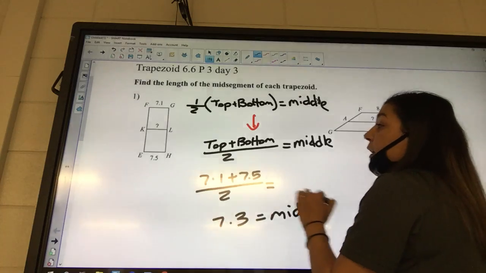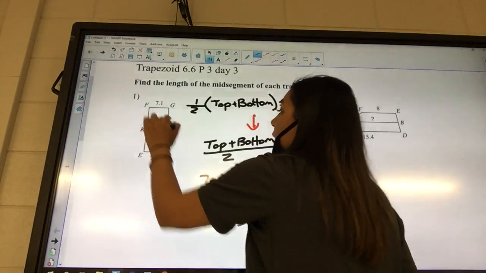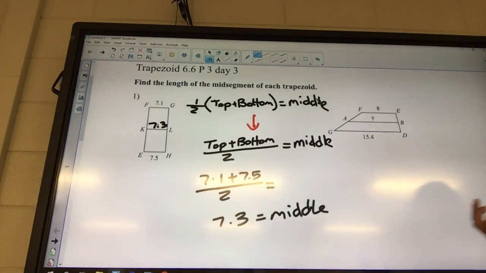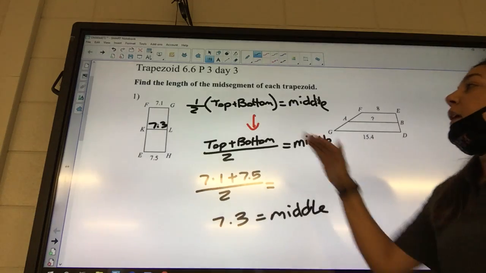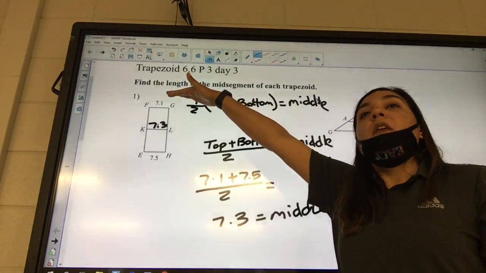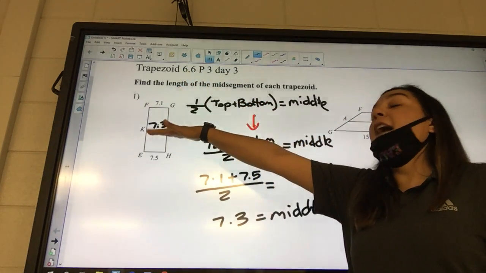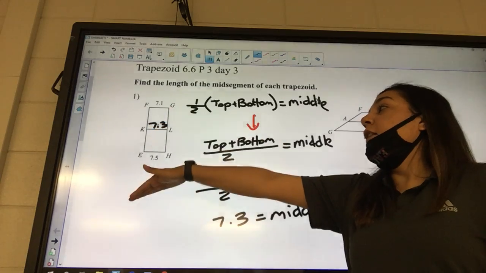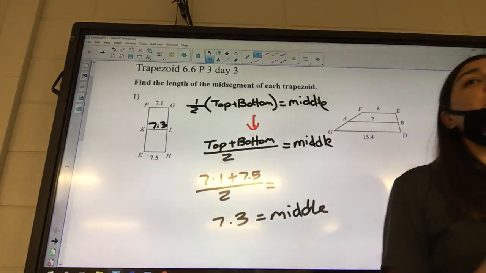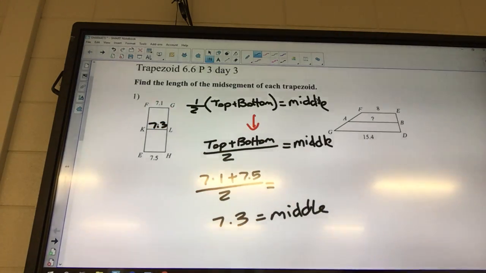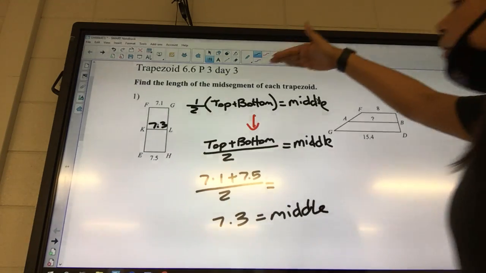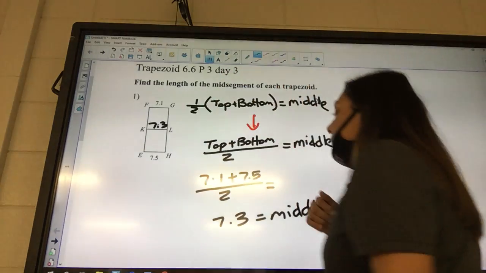And this is how I already knew I didn't get something way out there, because my top is 7.1, I solved for my middle and got 7.3, and a little further I got 7.5, so it makes sense. 7.1 to 7.3 to 7.5. It kind of goes from least to greatest, working our way down.